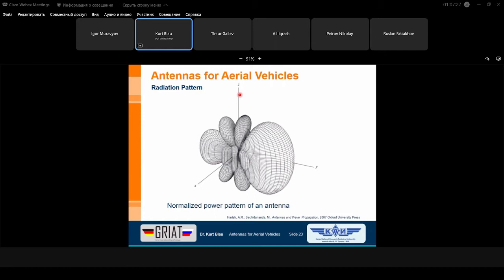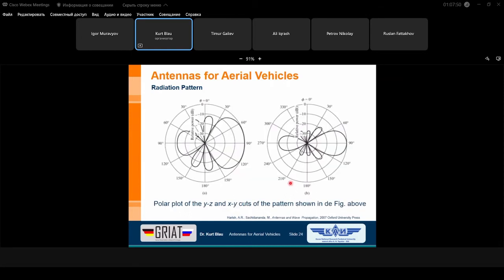Regarding this diagram, one is a cut in the Y-Z plane, where the x-axis is perpendicular to this plane, or the other cut is made in the X-Y plane, so the z-axis is perpendicular to this plane. And this is visible here.